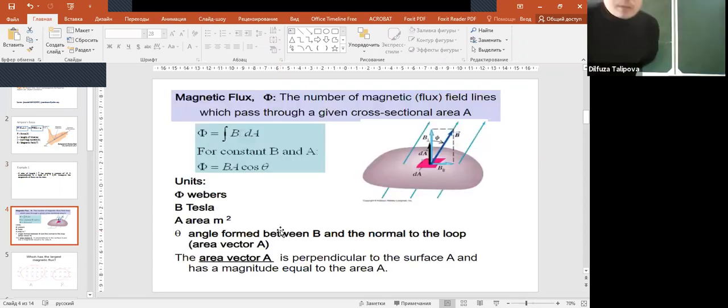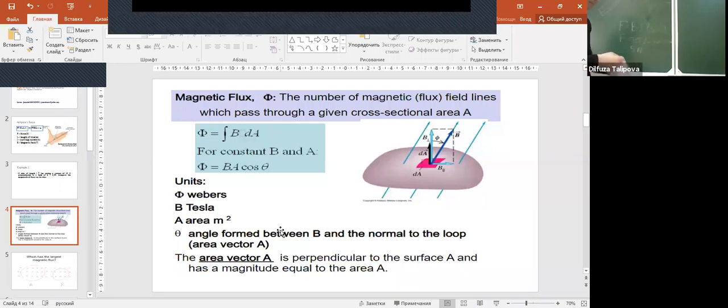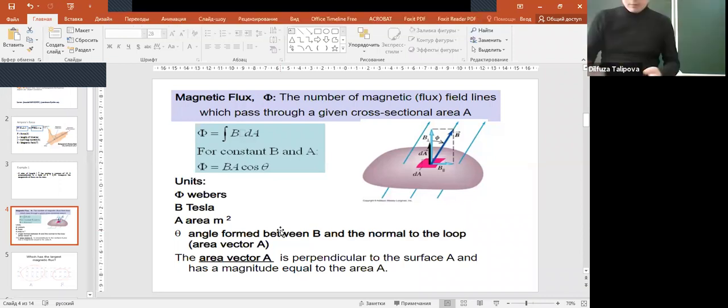The next one is about the magnetic flux. If I don't make a mistake, we saw the electric flux, yes, but now we will see the magnetic flux, and they have the same meaning.